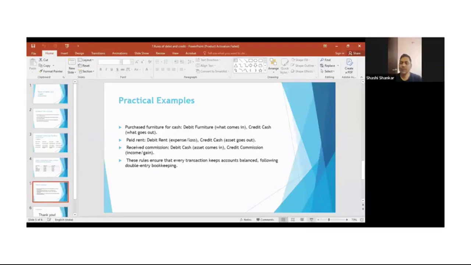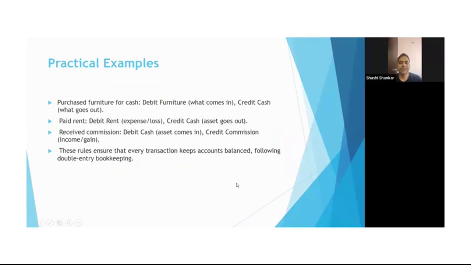Purchase furniture for cash. Debit the furniture account, because furniture is a real account and it comes in. What comes in is on the debit side, and cash goes out, which means the credit side. So cash credit and furniture account debit.